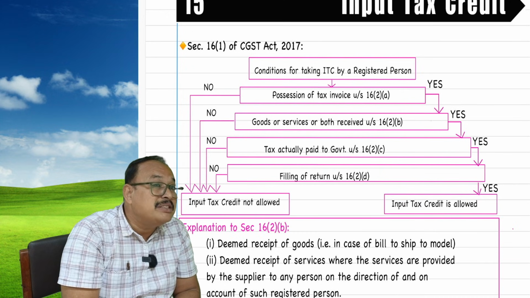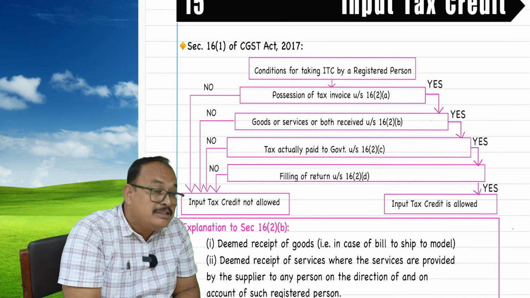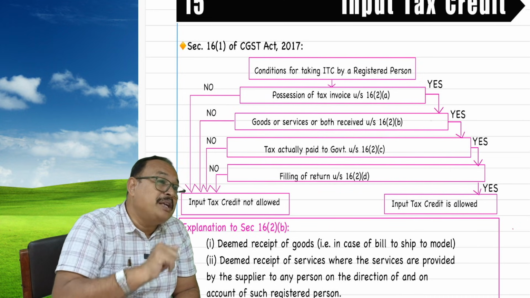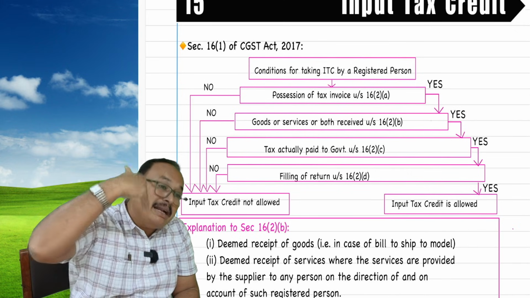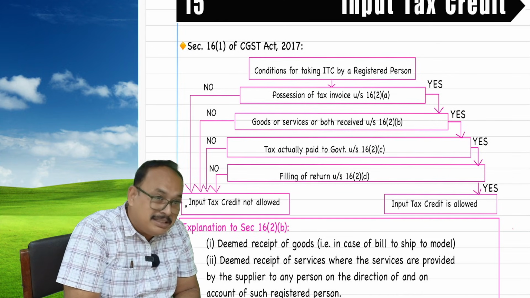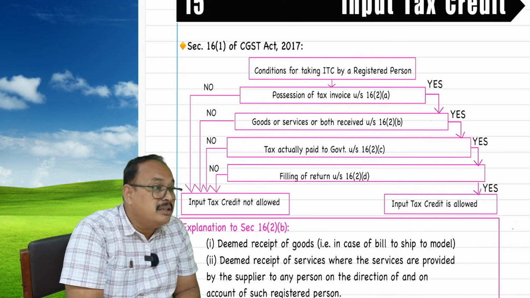The time limit given to the supplier to pay tax to the department is the next financial year 26-27, 30th September 2026. If by 30th September 2026 the tax amount is not paid by the supplier, then the recipient should reverse the credit or pay the amount to the department.